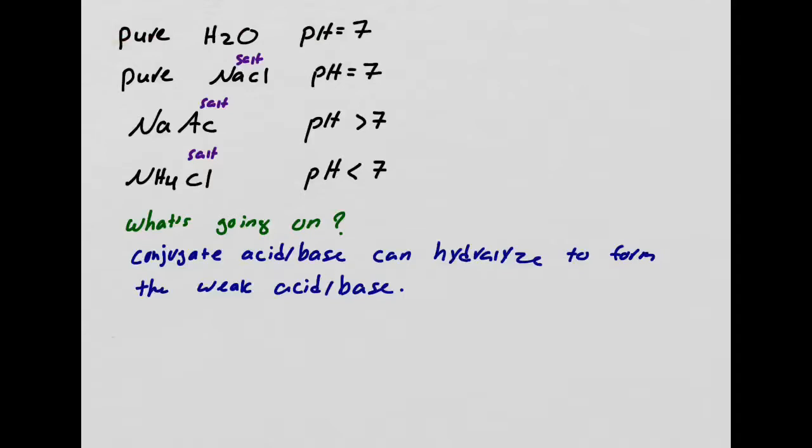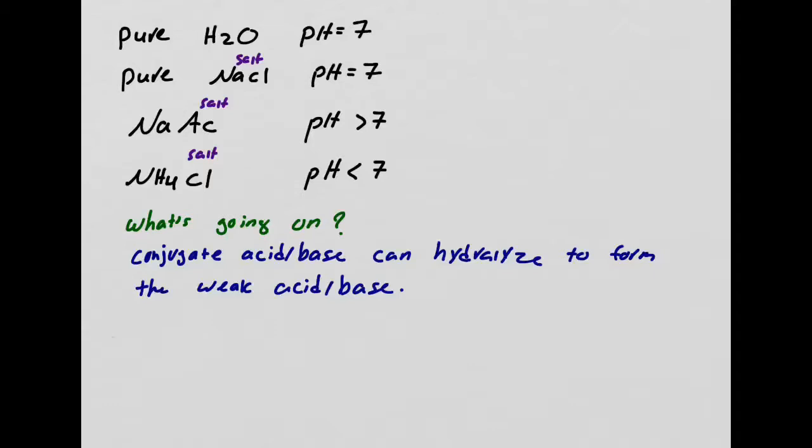So if I have just pure water, the pH is 7. I add NaCl salt, pH stays 7. I add sodium acetate salt. Whoa, what just happened? Now why is my pH basic? I add ammonium chloride salt to water. What? The pH became acidic. What is going on over here? What's going on has to do with the conjugates.